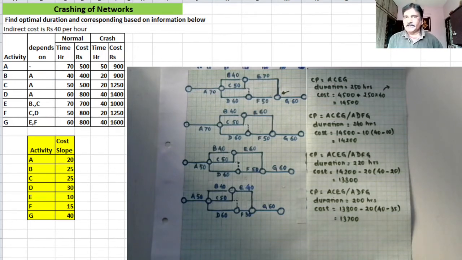It will be simply an addition to the cost, and the project duration will not be reduced. It will be simply adding to the slack, and project completion duration will remain the same.